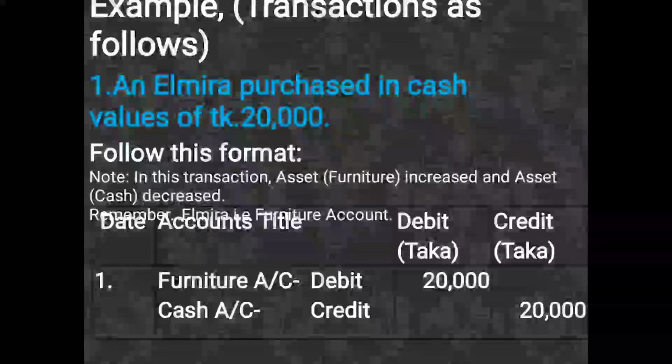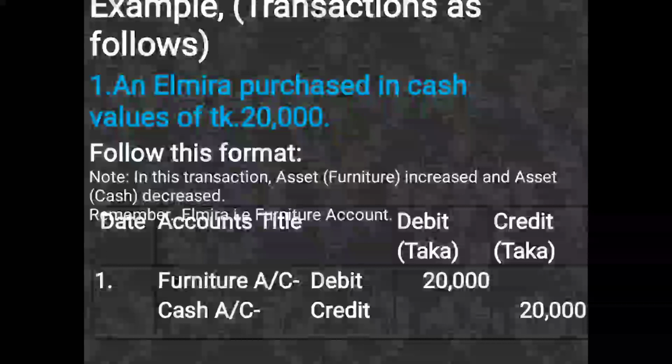You know, an Almira, one kind of asset, that is the name of furniture. Almira purchased in cash. So when Almira purchased, then asset increased, that is furniture increased, and another one, cash, decreased, that is asset decreased. So for this transaction, furniture account debit and cash account credit.